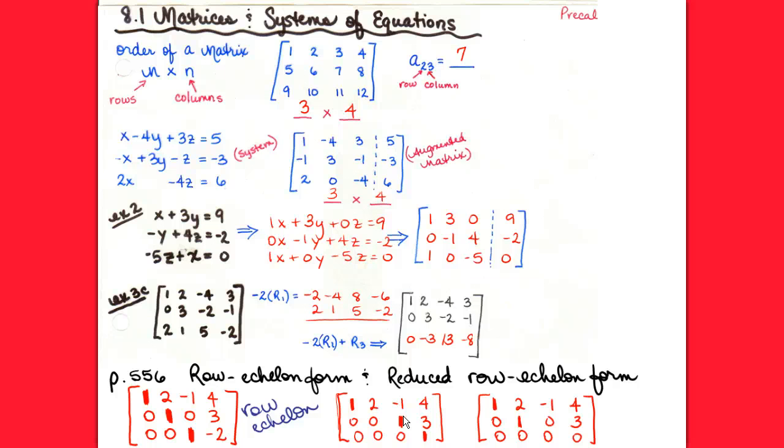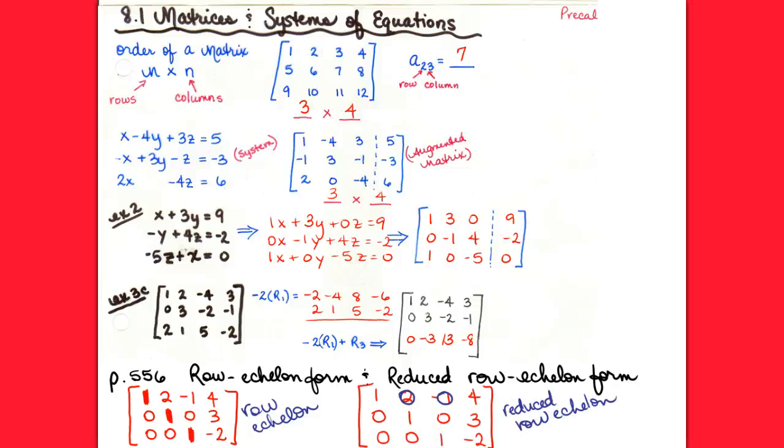Then below number 3, it says a matrix in row echelon form can also be in reduced row echelon form if every column that has a leading 1 has zeros in every position above and below the leading 1. So let's go back to this guy right here. This is in row echelon form.